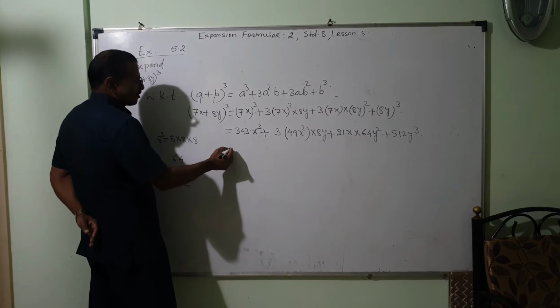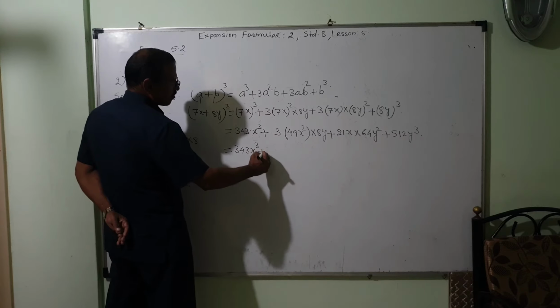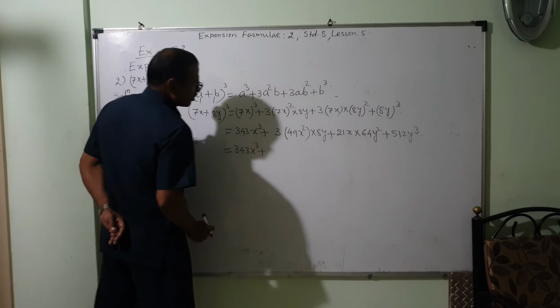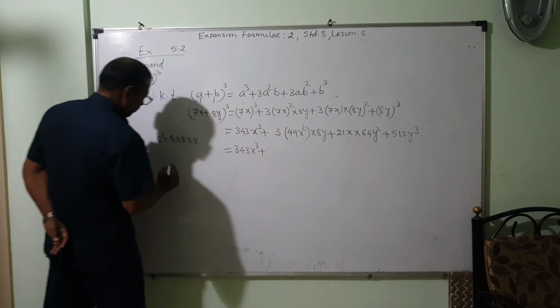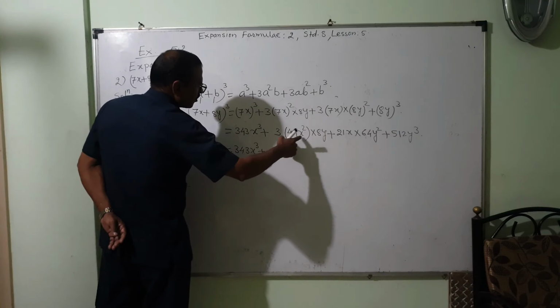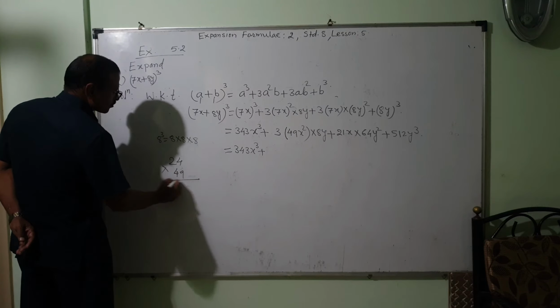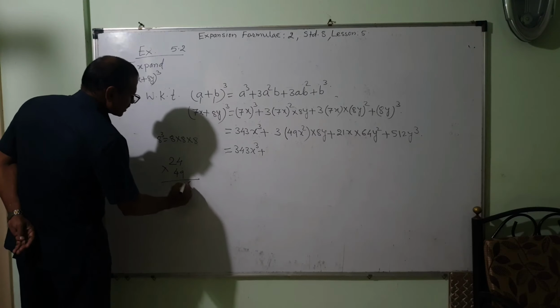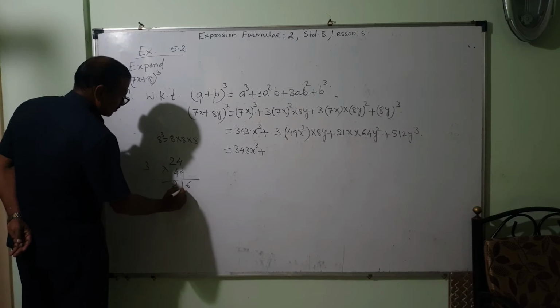So that is equal to 343x³ plus 49 into 3 into 8 we have to do. This 8 3 are 24. 24 into 49. 9 4 are 36, carry 3. 9 2 are 18. 18 plus 3, 21.